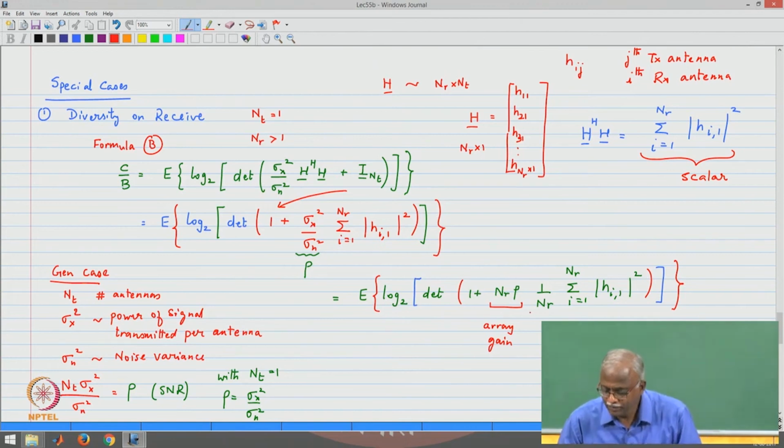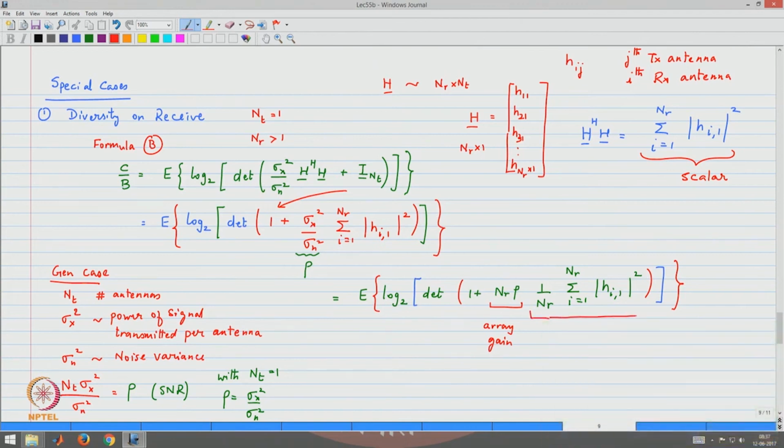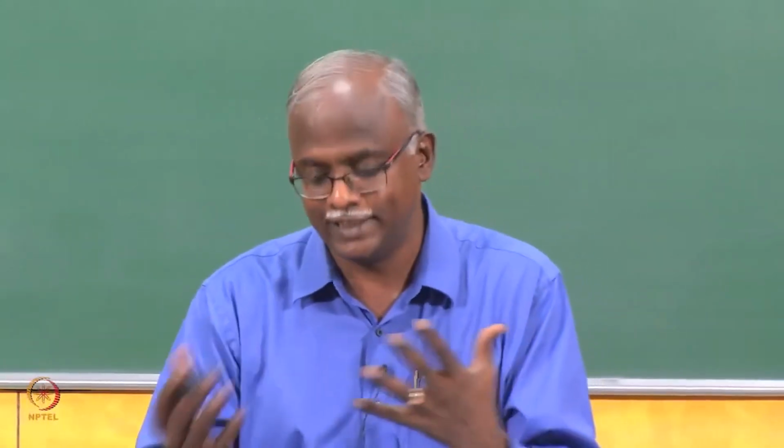By the same token, 1 by NR times this summation is precisely what we would refer to as diversity gain. If you remember our earlier discussions, this is what we referred to as the diversity gain. Now, the diversity gain comes in not because it shifts the energy of the signal. On average, this quantity is equal to 1, but at any given time, because these signal levels are fluctuating, what you are getting is the benefit of the stronger signals when fading is present. So, that is the diversity gain.